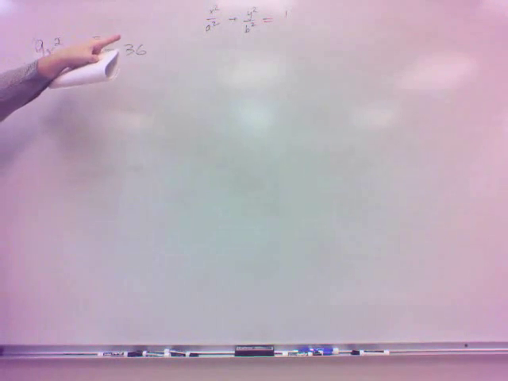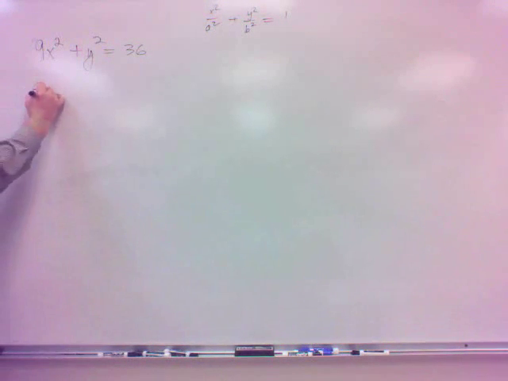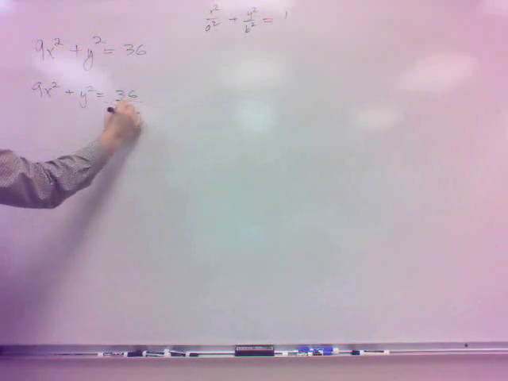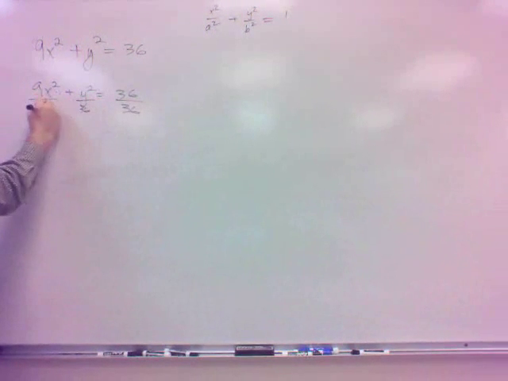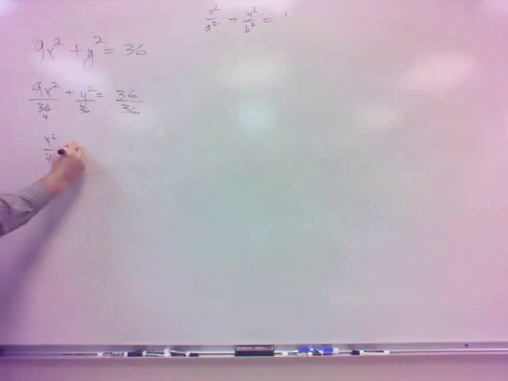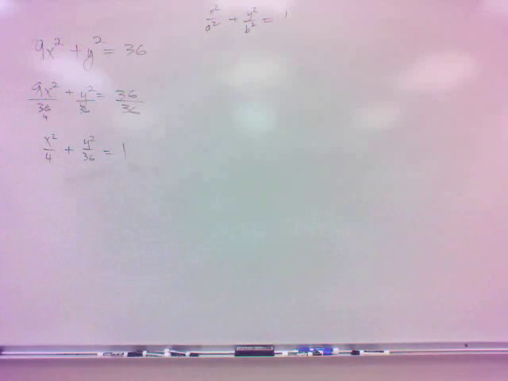Divide by 36, right? We're just going to divide everything by 36. That cancels, so I have x squared over 4 plus y squared over 36 equals 1. That's the ellipse format that I like.